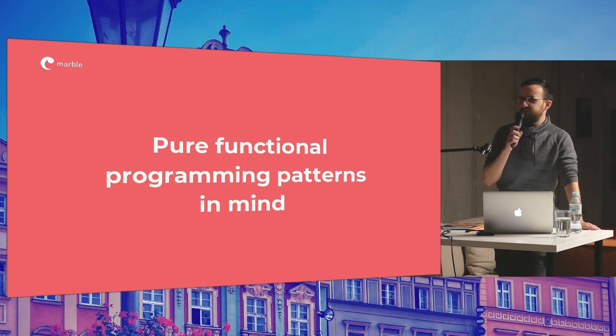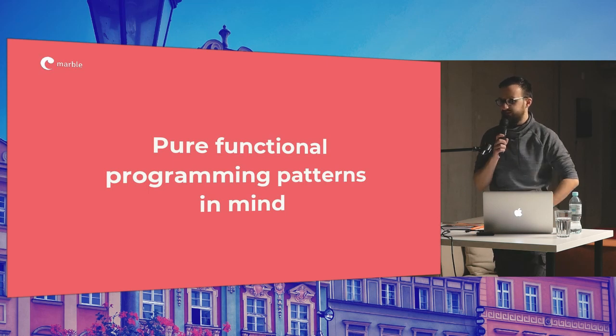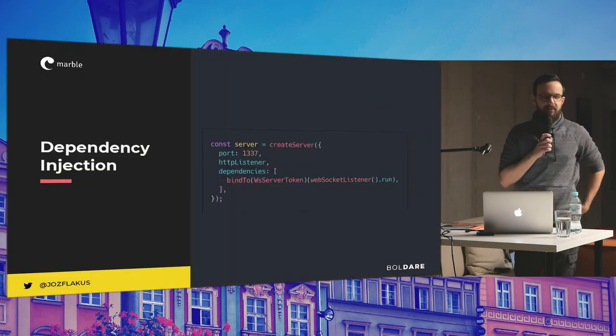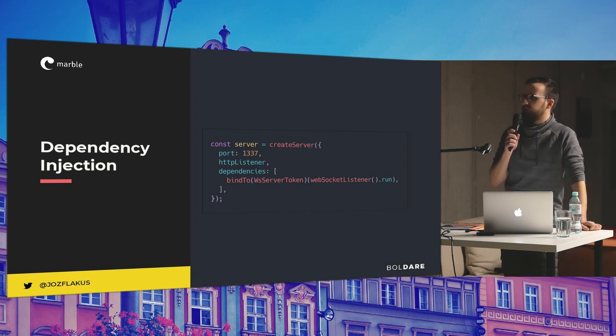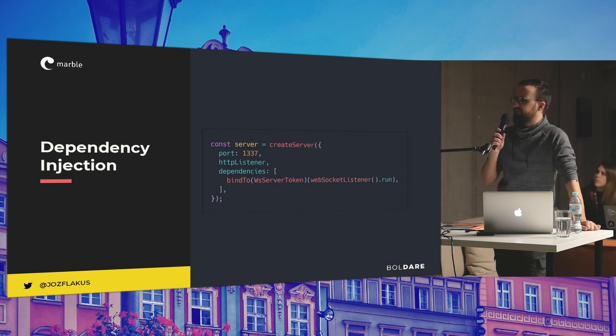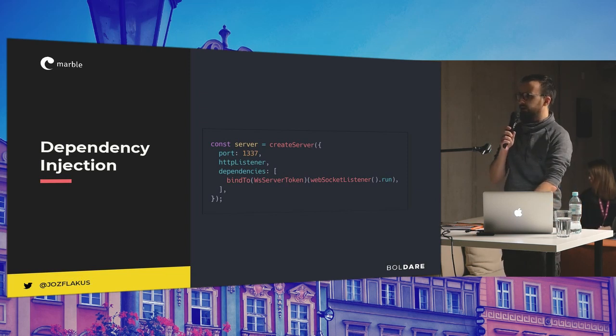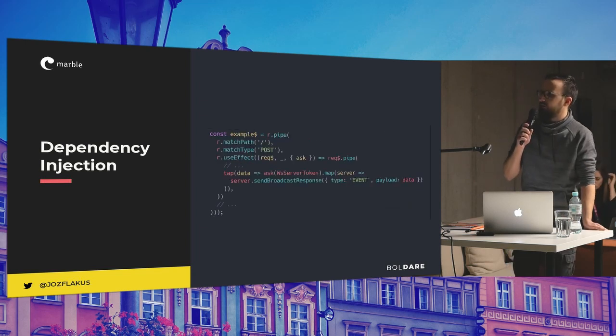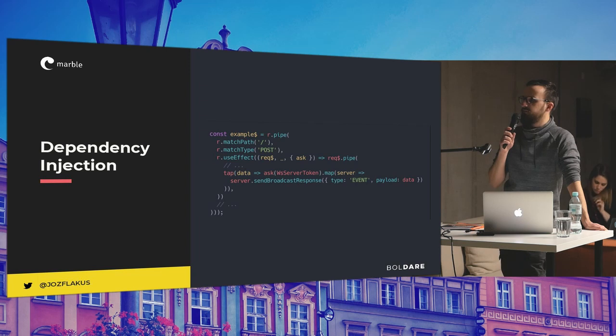But Marble.js has pure functional programming patterns in mind, and it means that it has a dependency injection mechanism since version 2.0. So for example, we can define some dependencies that we would like to bind to our server, and we can, for example, bind to this server a currently running WebSocket listener. What we can do with this bound dependency is use it in our effects, for example, inside our HTTP effects.